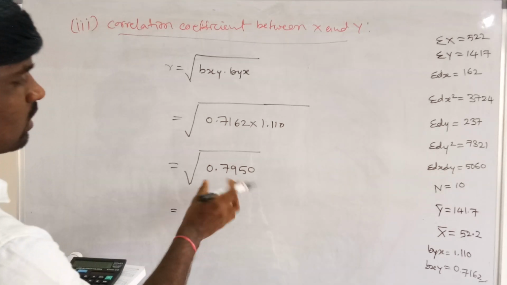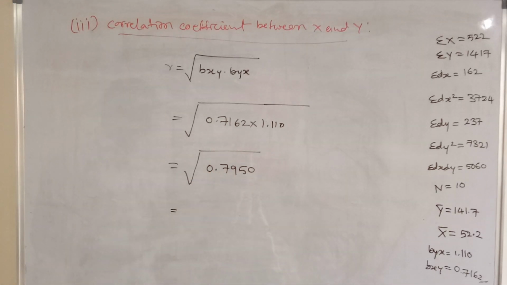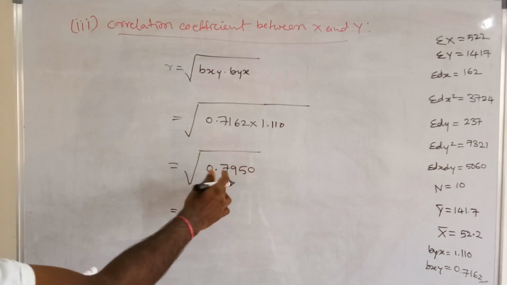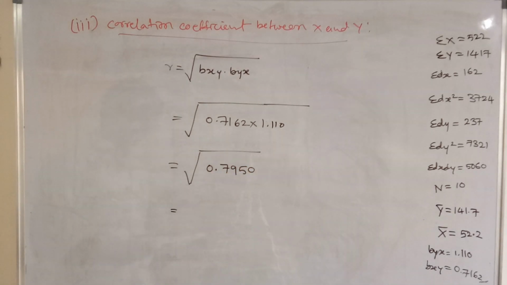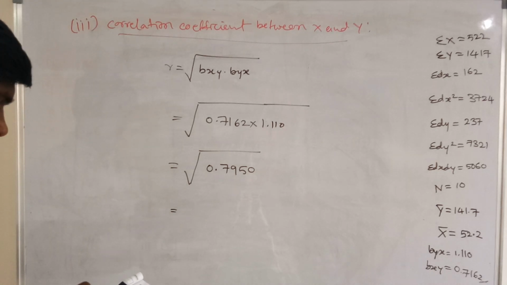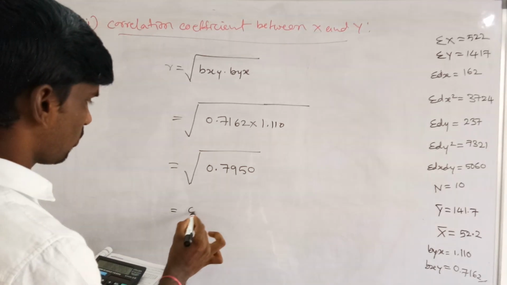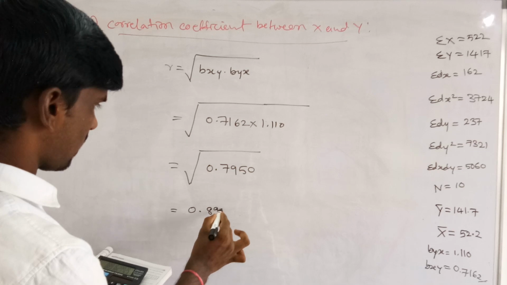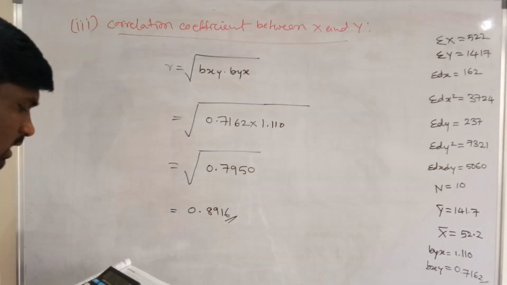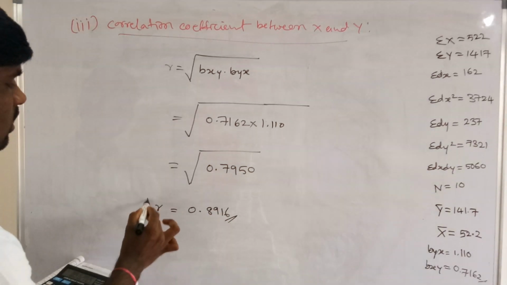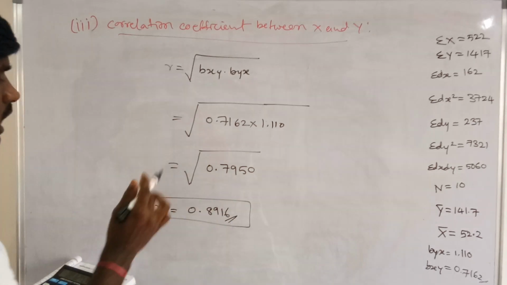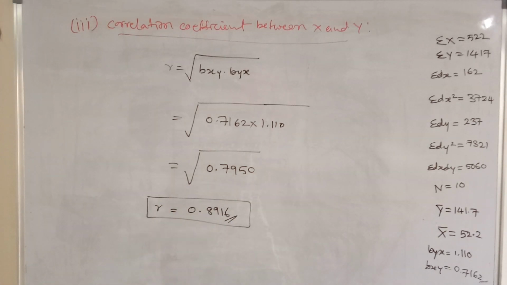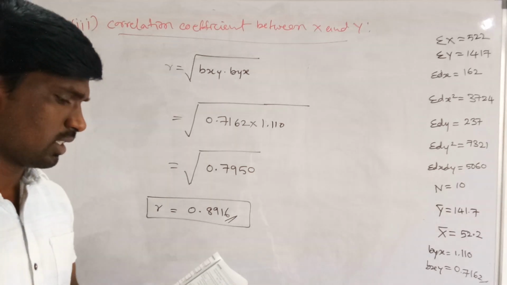We have to find the root value of 0.7950, which is 0.8916. This is R, the correlation coefficient between x and y, right?